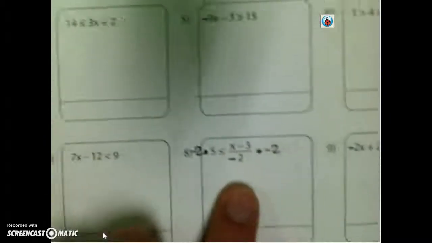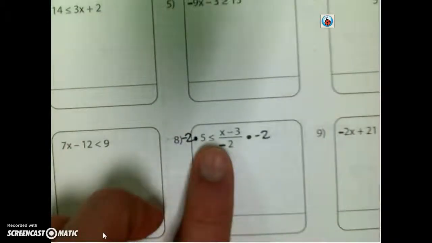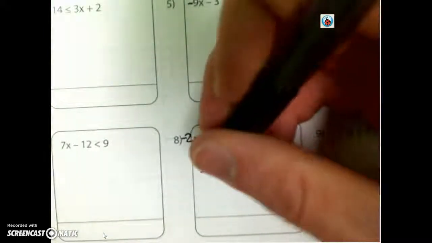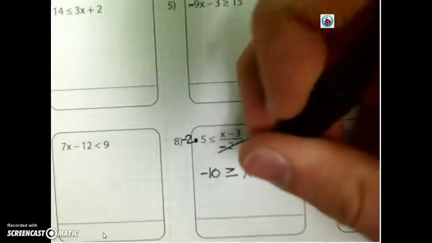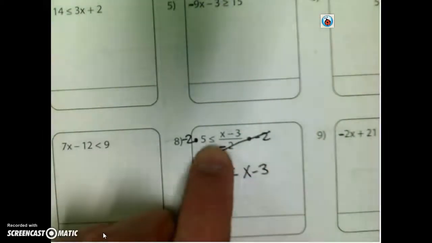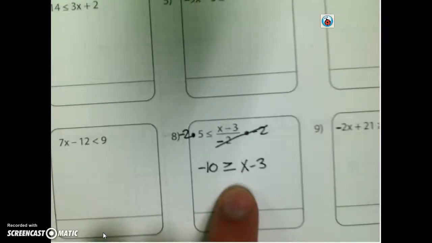Right, but since we multiplied both sides by a negative number, I'm still going to do the same steps as I did on the other pages, but my inequality must change direction. So notice how we did the same steps, but now my inequality went from facing to the right to facing to the left. And then now we just finish solving this equation like normal.